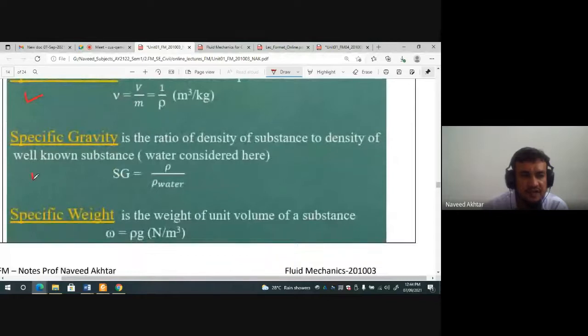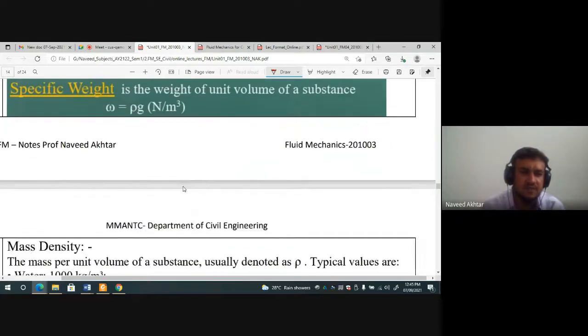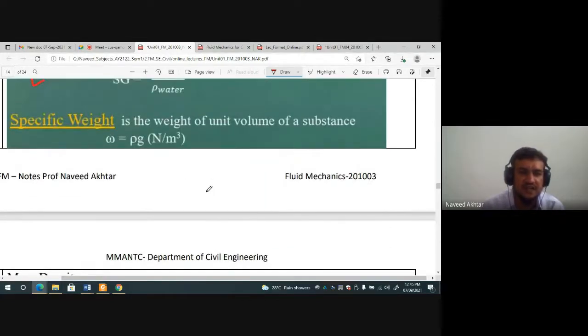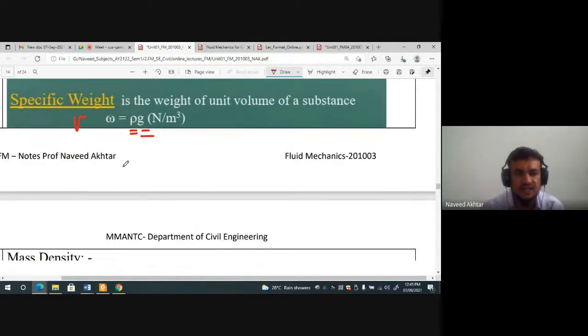And specific gravity is the density of any substance to the density of water, or you can say the weight of any substance to that of water. Specific weight is the weight of unit volume of substance. It is generally denoted by gamma, and gamma is equal to rho into g. Rho is the density, and g is the gravitational acceleration.